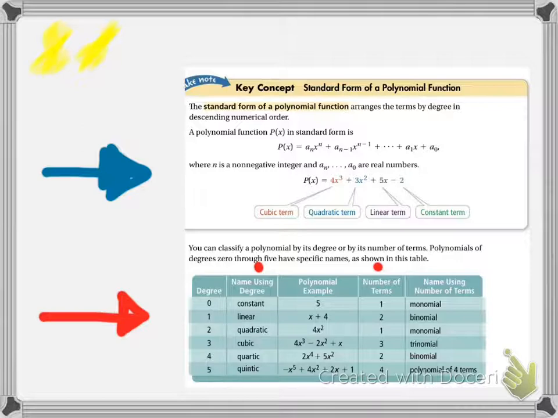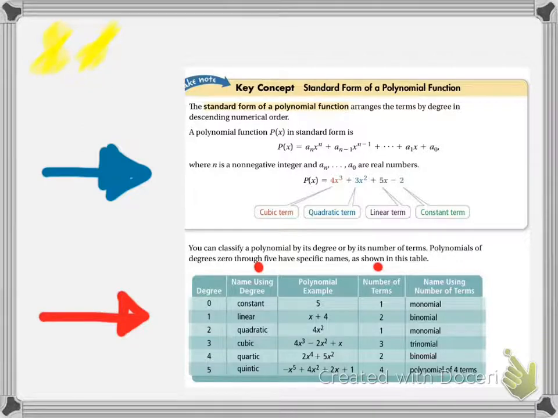Another way that we can classify them is by the number of terms. So you can have one term and it can be a monomial. You can have two terms and it can be a binomial. 3 terms will be a trinomial. So we could say, if you look at the example down there, the degree 3, that is a cubic trinomial, which means that the highest power is 3 and that the number of terms is 3.